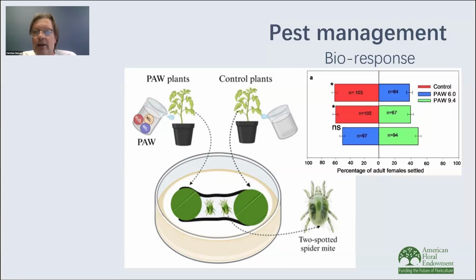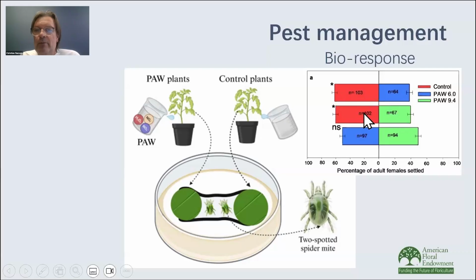You can see that the red ones, when we give them a choice in the top between a control and a PAW that has been treated for 6 minutes, that's why we call it PAW 6.0, you can see that they prefer to be on the control. The red bar is bigger than the blue bar, as you can see right here.